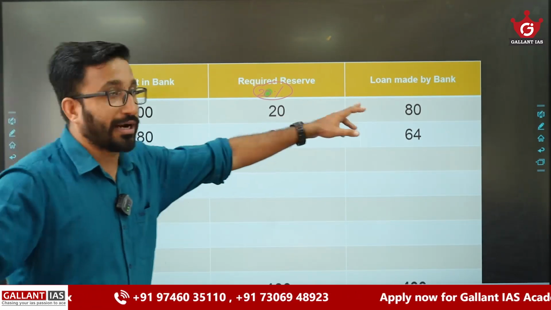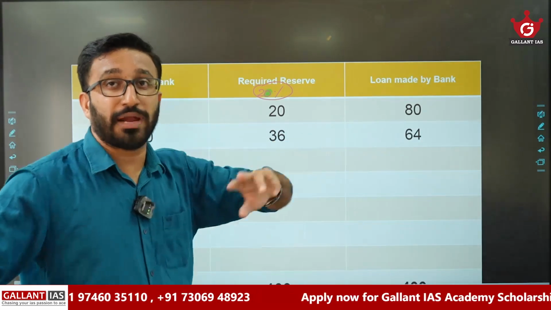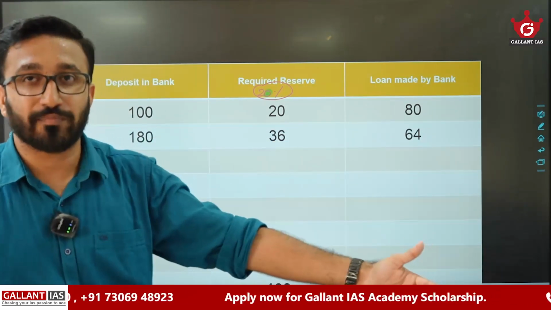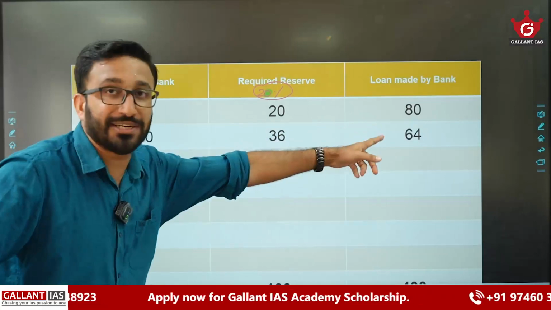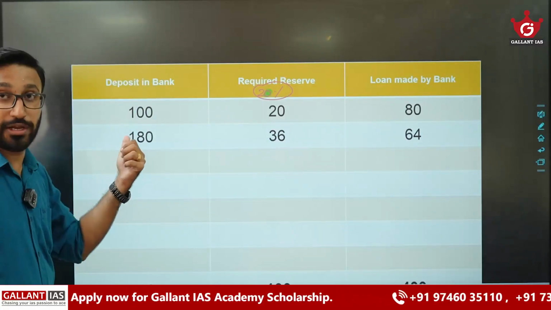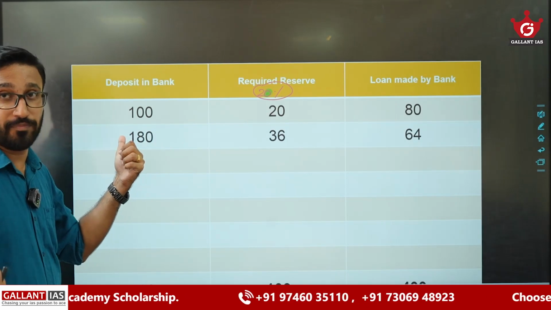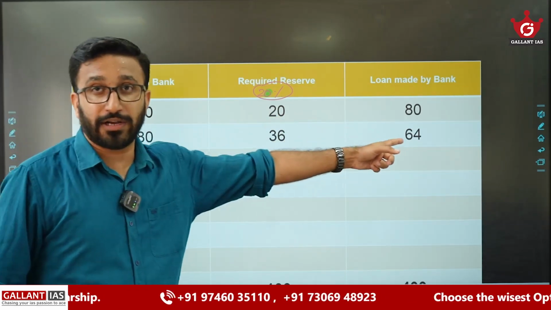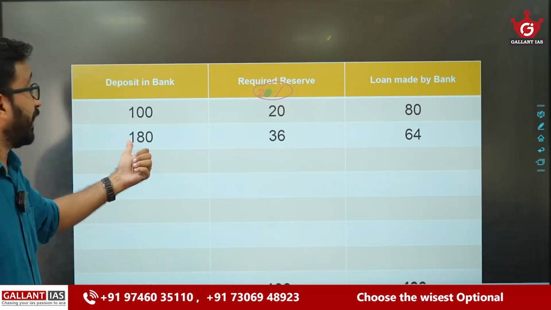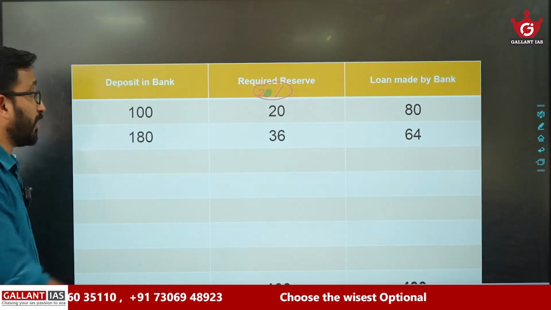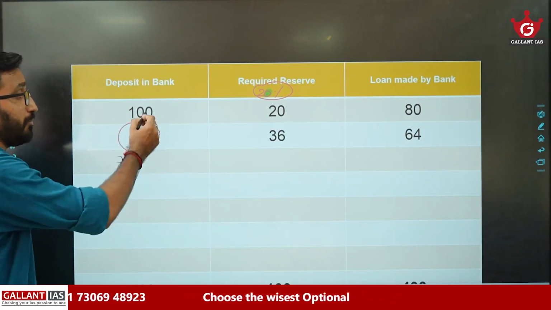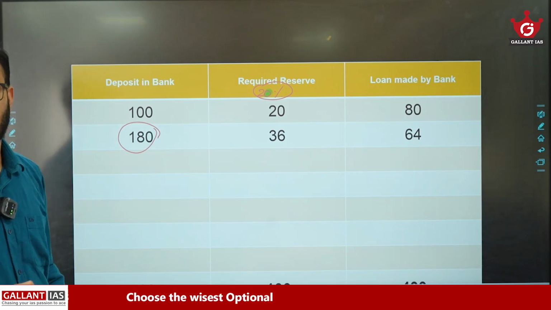Right now a loan of 80 rupees is made to another person Y. And suppose that person deposits the entire amount again in the bank. We have only one bank in this economy, and Y takes a loan of 80 rupees and deposits it in this bank.